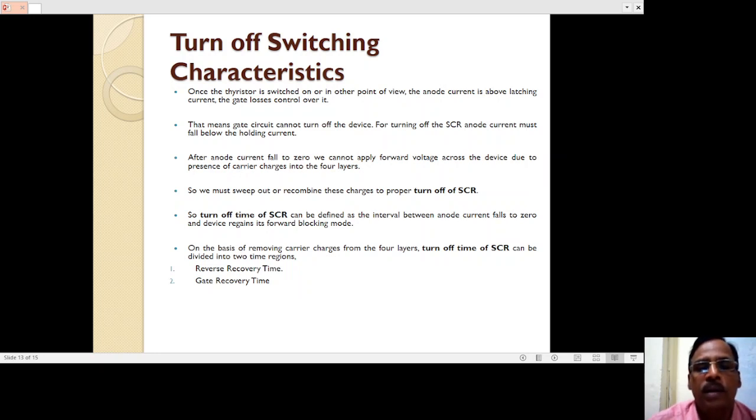What is holding current? This holding current is related to turn off process. It is the minimum amount of current below which your SCR will turn off. Generally, holding current is less than latching current. Latching current is related to turn on process and holding current related to turn off process.